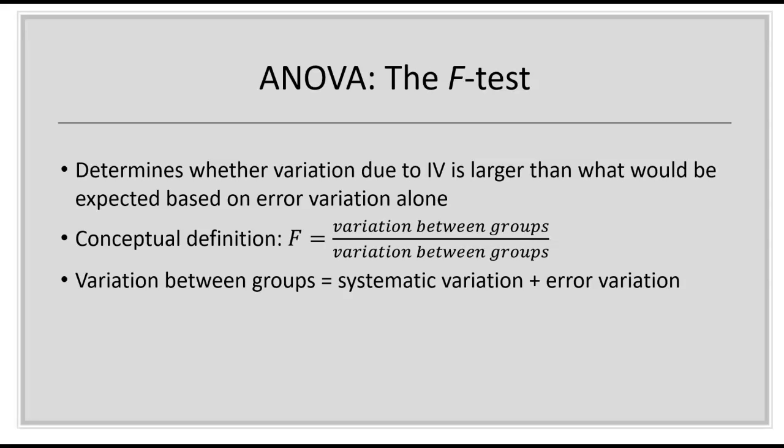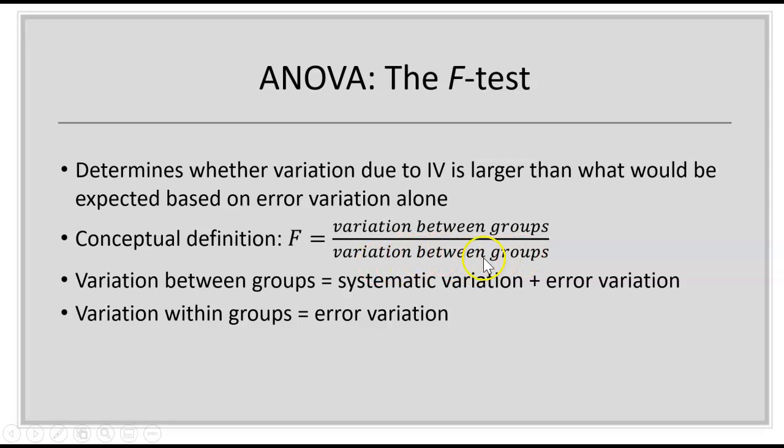The between groups variability, that's what we describe as the systematic variation. And in the way that the test is mathematically structured, you have the between groups variation, systematic variation, you add to that the error variation. And then the variation, oh, I messed this up. I'm so sorry. I need to go back and fix this.